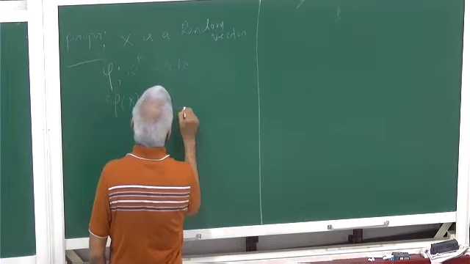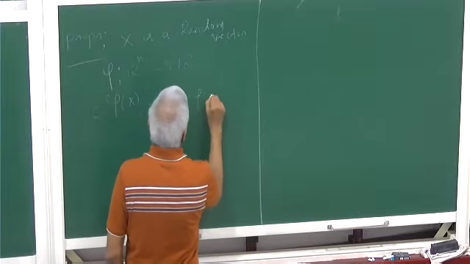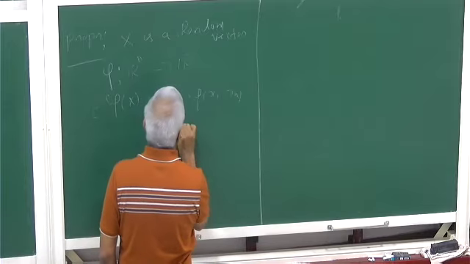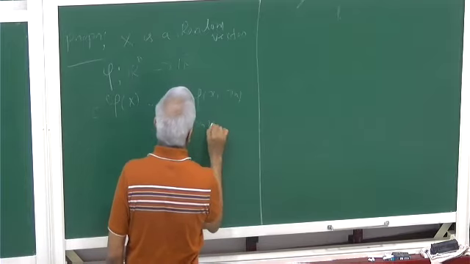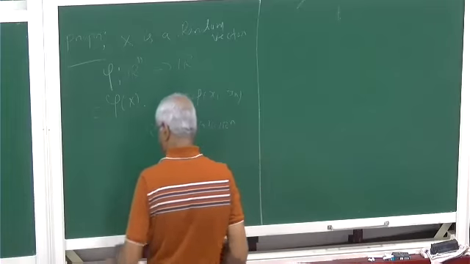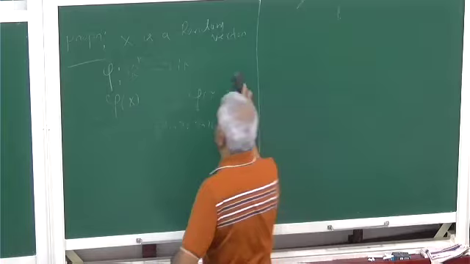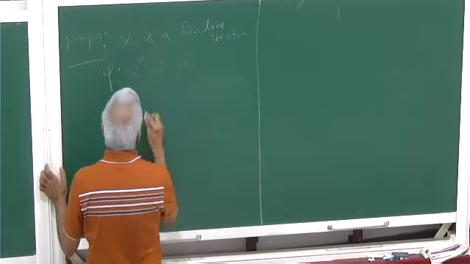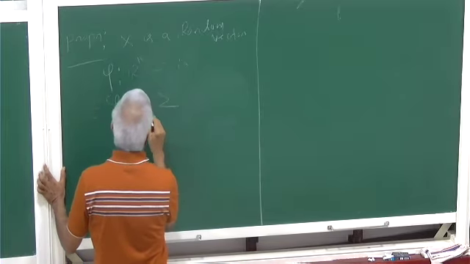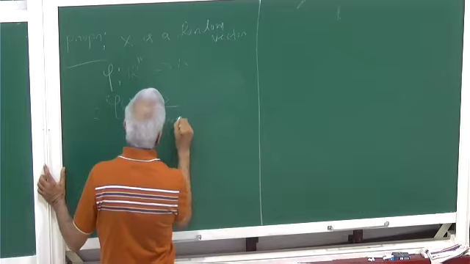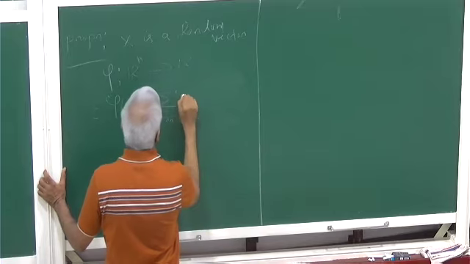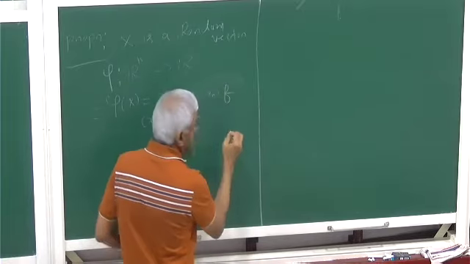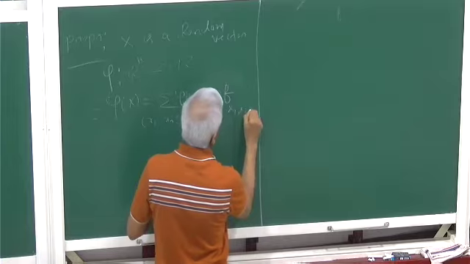Then E of phi of x is equal to the summation of phi of x1 up to xn, where x1, x2 up to xn is a vector in Rn, times the joint density function.